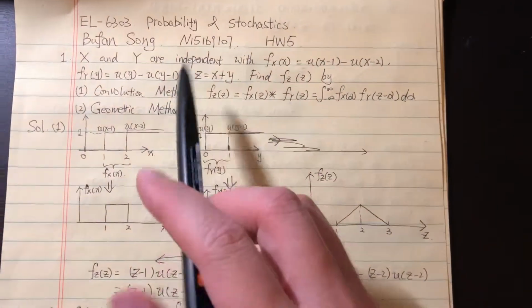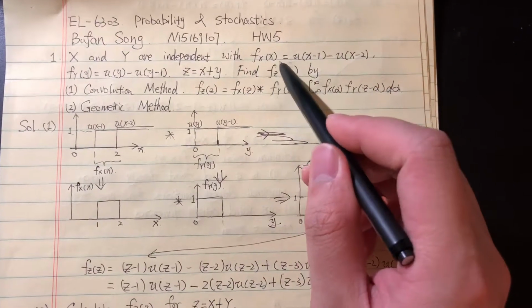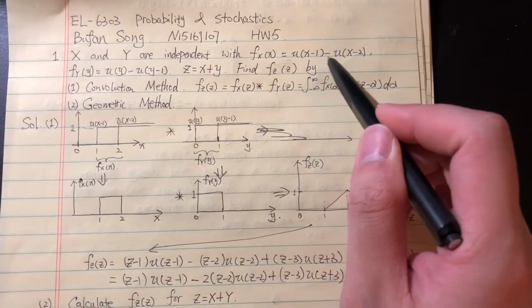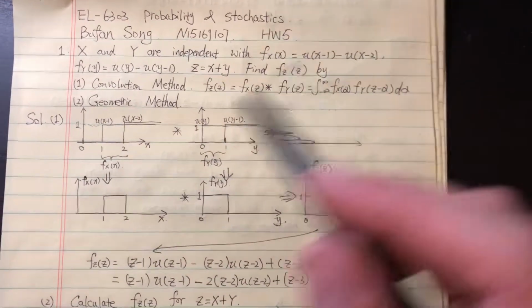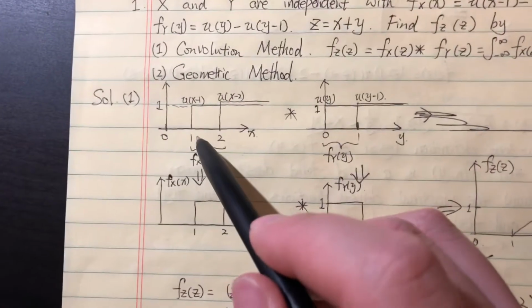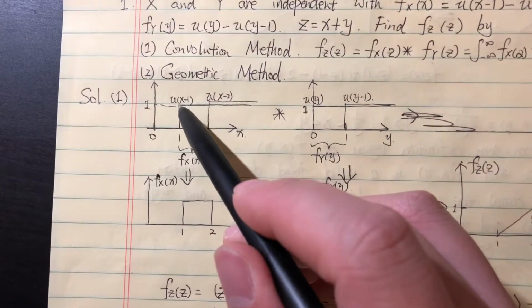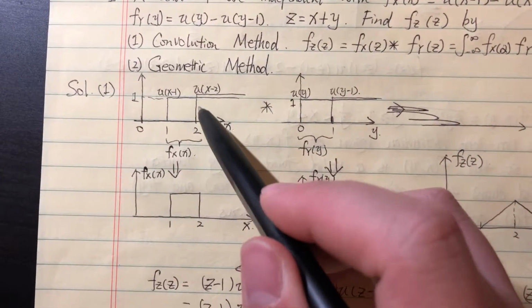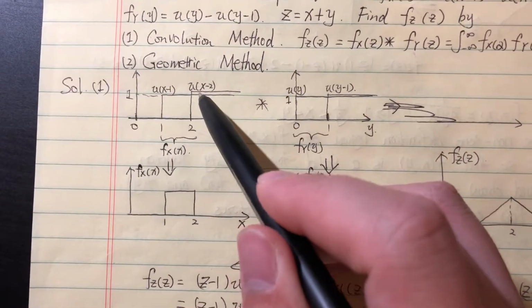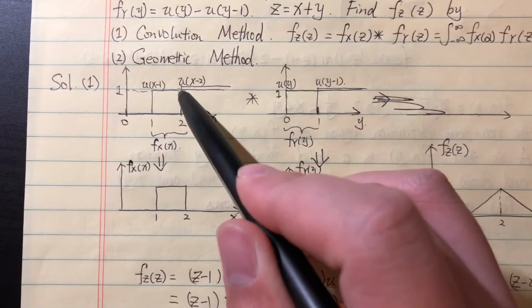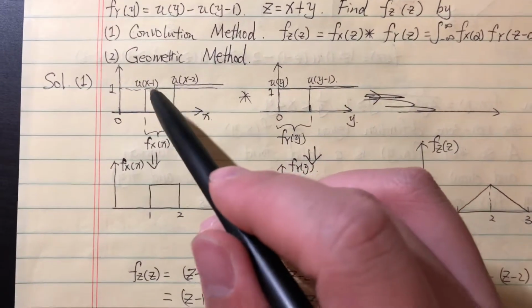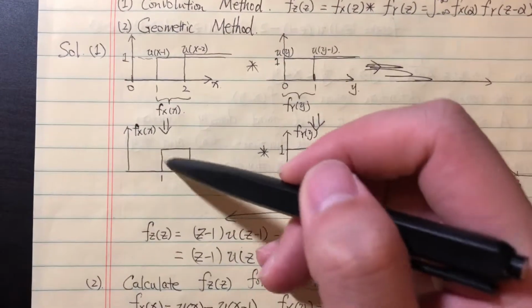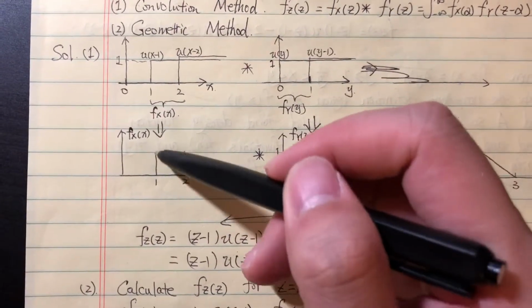Based on fX(x) equal to u(x-1) minus u(x-2), we can draw this diagram. u(x-1) starts from 1 with magnitude 1, and u(x-2) starts from 2 with the same magnitude 1. So u(x-1) minus u(x-2) turns out to be this region with magnitude 1.